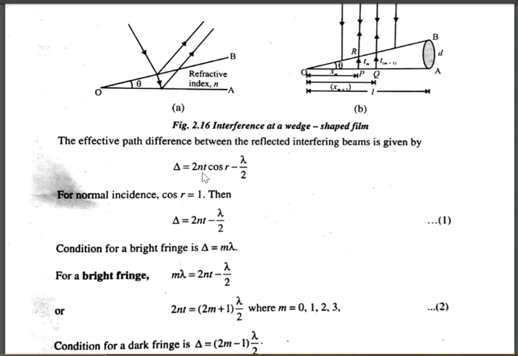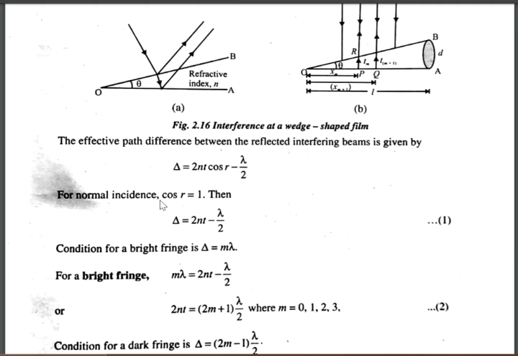Here n is the refractive index of the wedge film, t is the thickness of the film at the point where you are finding the path difference, r is the angle of refraction, and lambda is the wavelength of the monochromatic light used in the experiment.